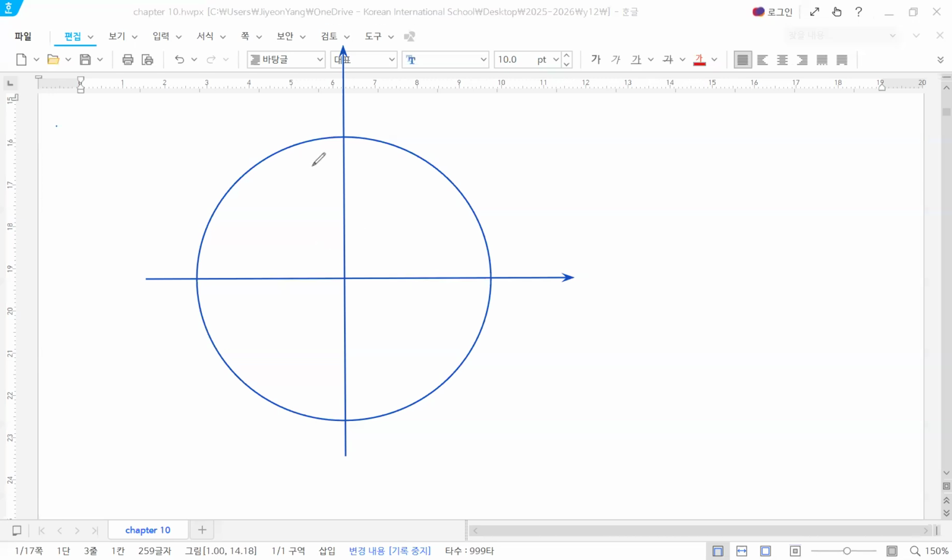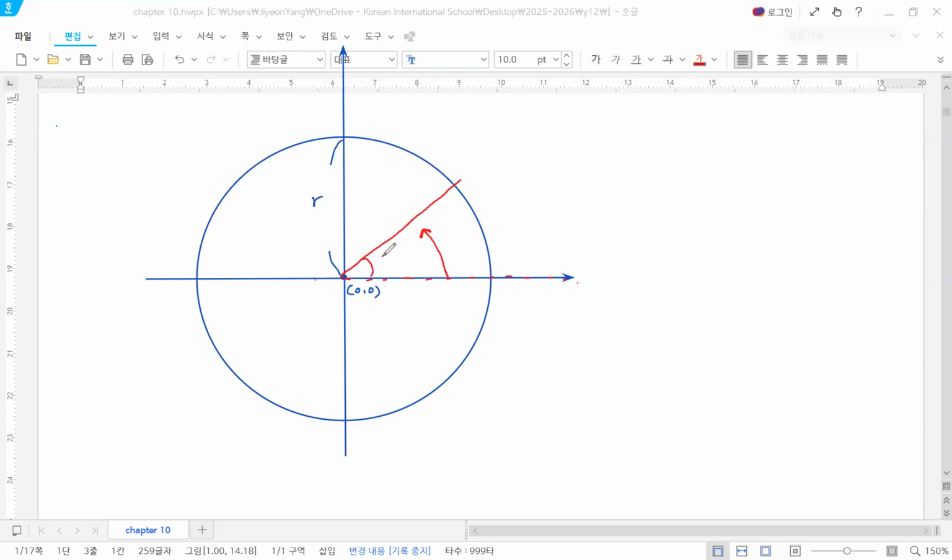So let's define this circle as center, its origin, and the radius is r. And then now we are going to define the new way of the trigonometry. The angle is going to be measured from the right side of the x-axis, and then measured anti-clockwise, and then draw a line.